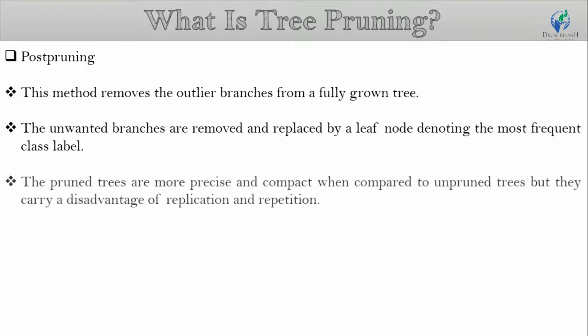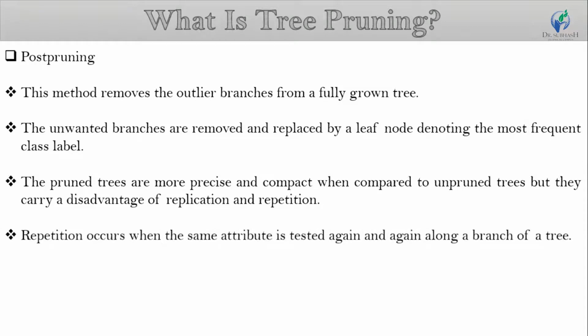The pruned trees are more precise and compact when compared to unpruned trees, but they carry the disadvantage of replication and repetition. Repetition occurs when the same attribute is tested again and again along a branch of the tree, whereas replication occurs when duplicate subtrees are present within a tree.